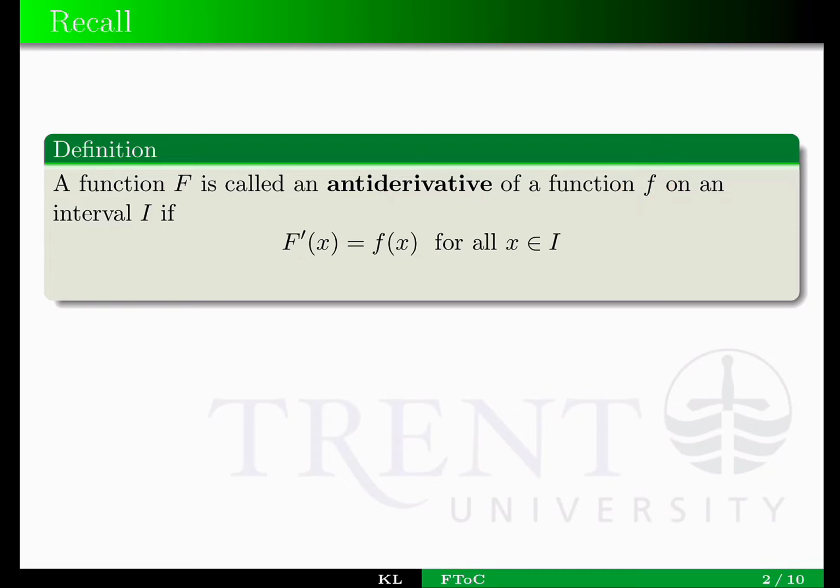And here, we are talking about a given domain or a given interval. So function capital F is called an antiderivative of a function small f on an interval I if capital F prime of x equals small f of x for all x inside the interval I.